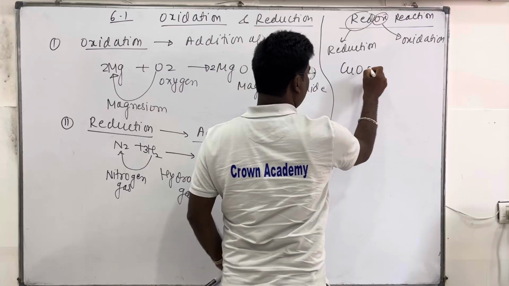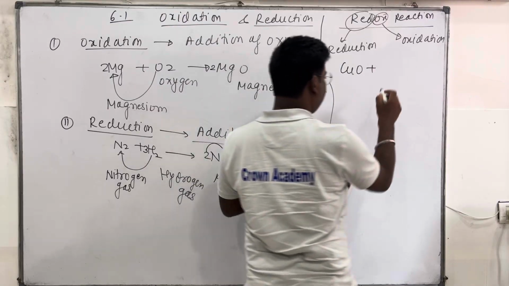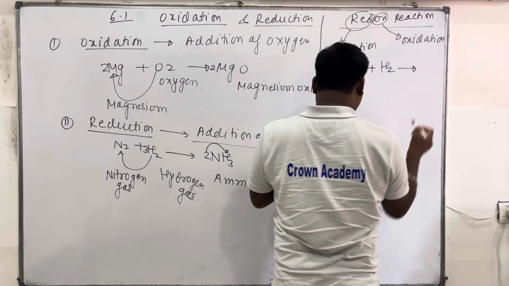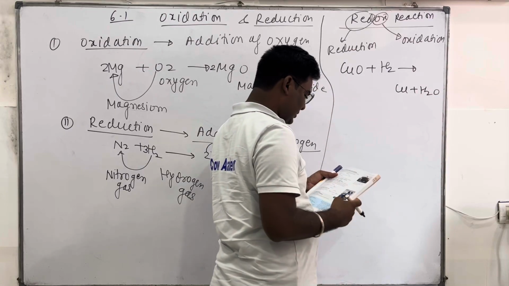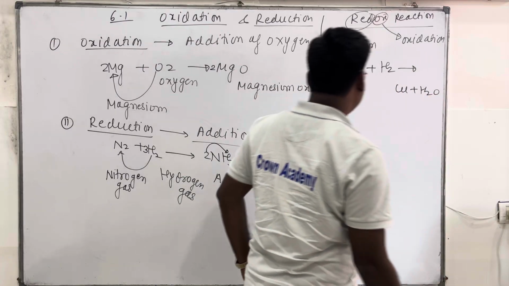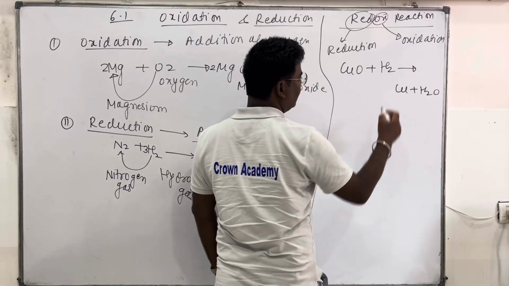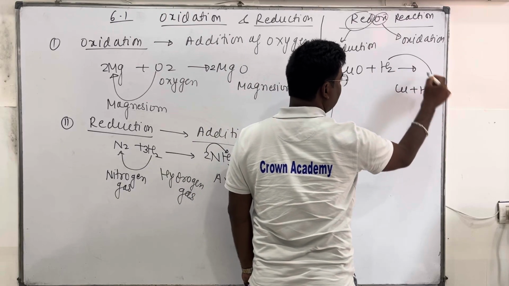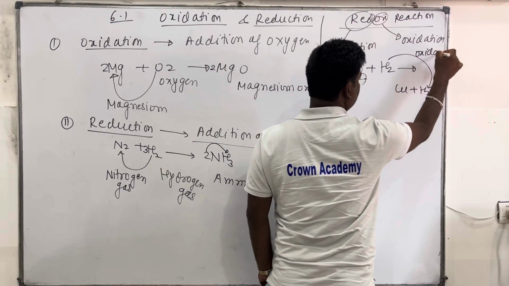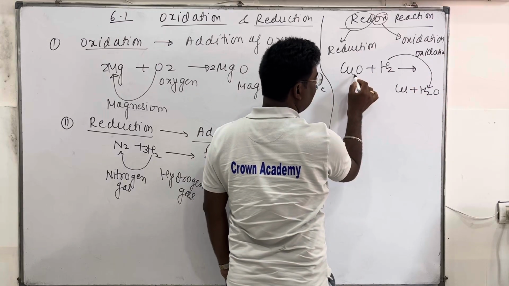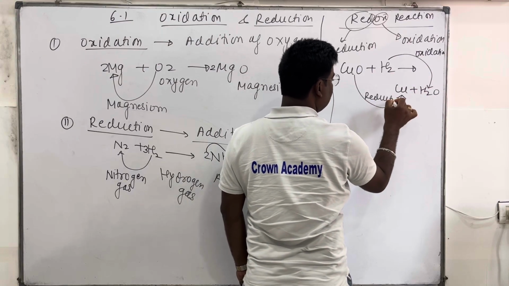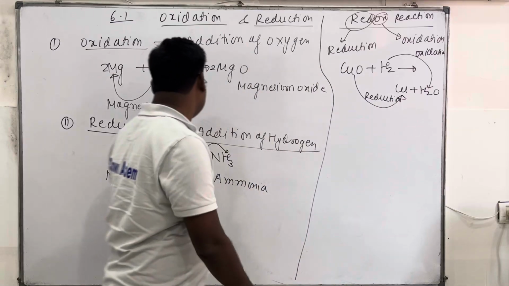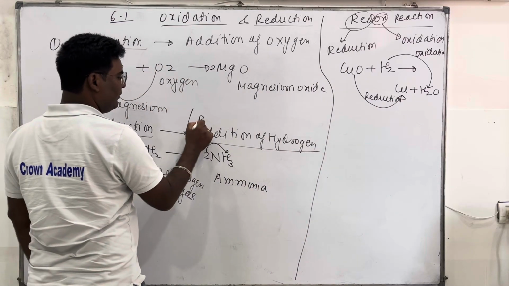Suppose copper oxide reacts with hydrogen and forms copper and water. See which one is doing oxidation. Hydrogen is added with oxygen, so it is oxidation. Understood? And oxygen is removed from copper, so it is reduction. So one more definition of reduction is removal of oxygen.